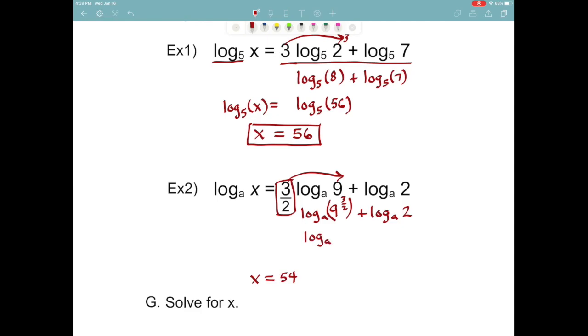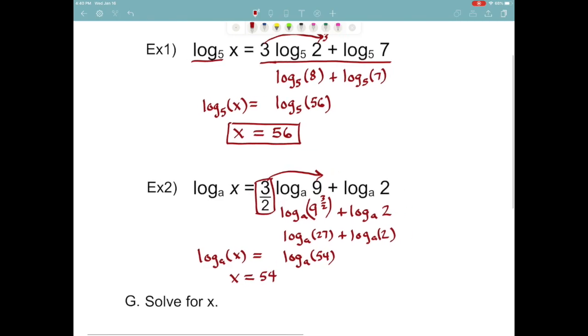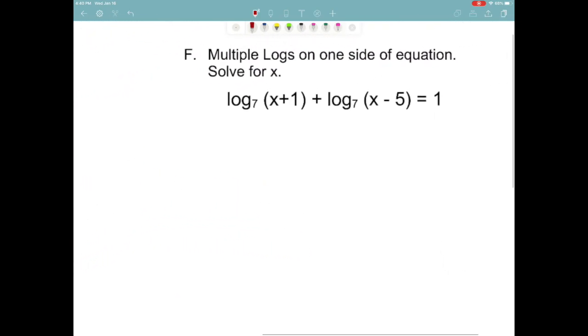So that's log base a of 27 plus log base a of 2. Use your product property there, and we now have log base a of 54 equals log base a of x. Therefore, x has to equal 54. I wasn't planning on explaining that one, but I guess I did it anyway. All right, let's move on to the next type.